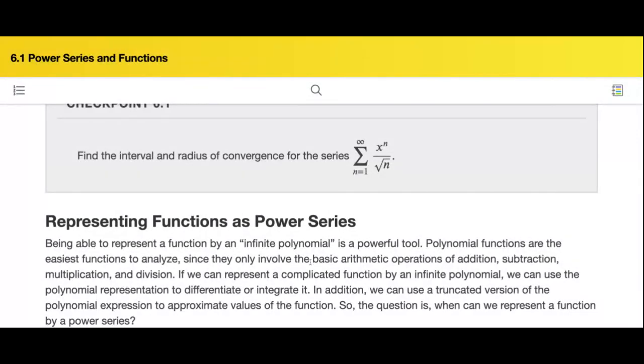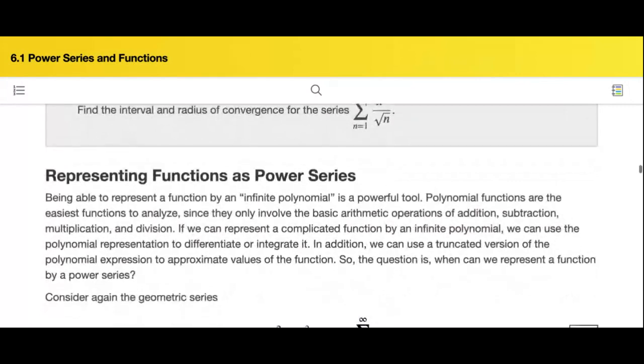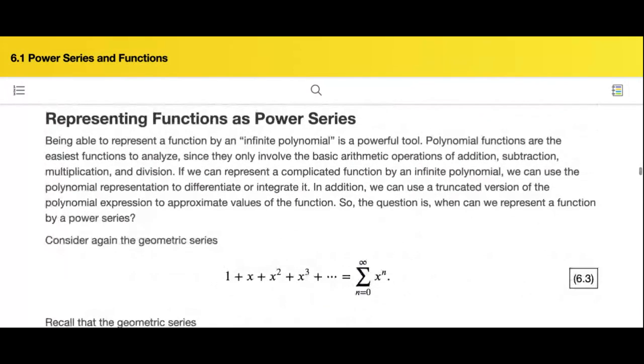Okay, representing functions as power series. So being able to represent a function by an infinite polynomial is a powerful tool, right?